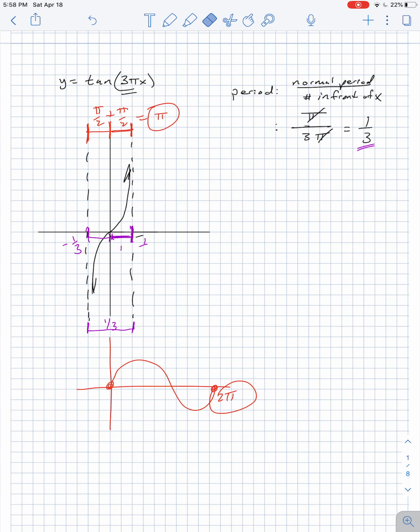I said it right, and then I named it wrong. 1/6 and 1/6, because 1/6, that's this distance, plus 1/6 is going to be a total of 1/3 when you add those together. Okay, so on tangent you want this distance to be this period. That's the goal. That's the only tricky thing on tangent, and then everything else is the same.